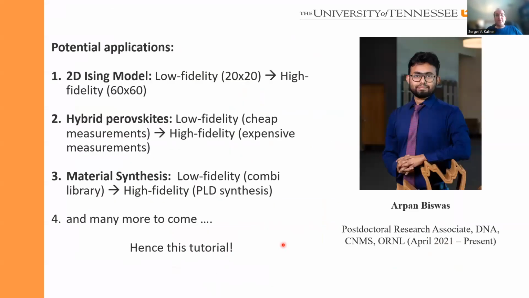Now, one thing where things become really interesting and go to the places where, to the best of my knowledge, no one from the experimental domains has been before, is the combination of the multi-fidelity measurements and the structured Gaussian processes. So here we know that for many of these scenarios, like Ising model, hybrid perovskite, even synthesis, we have some knowledge about the physics of the system.